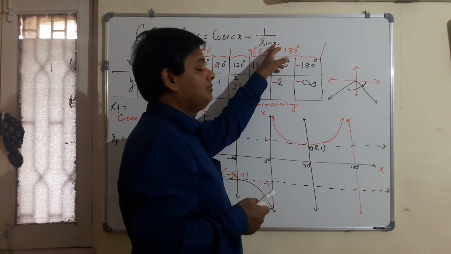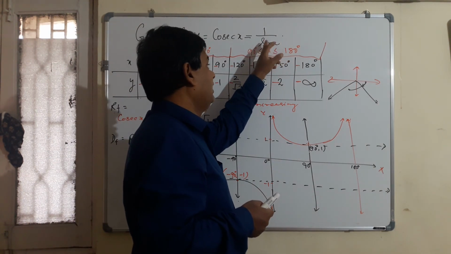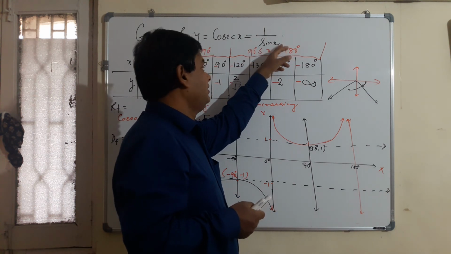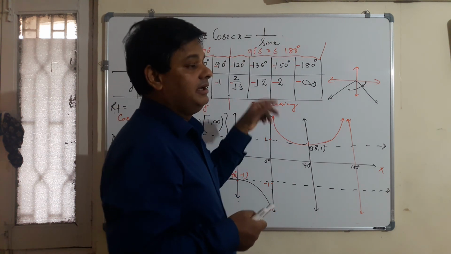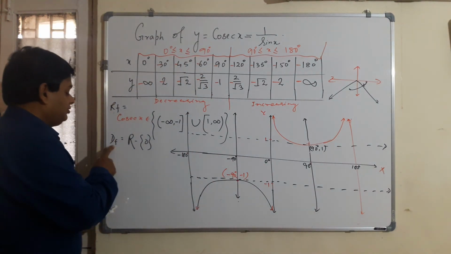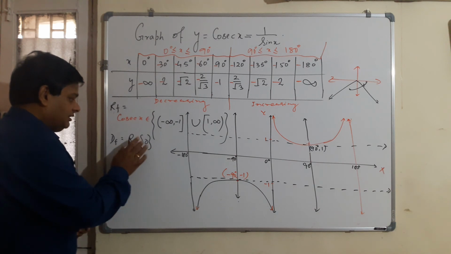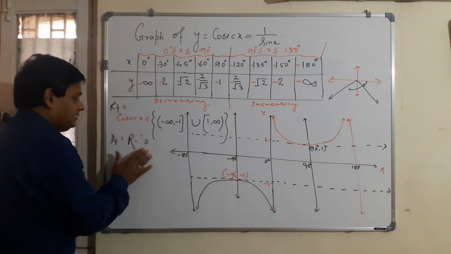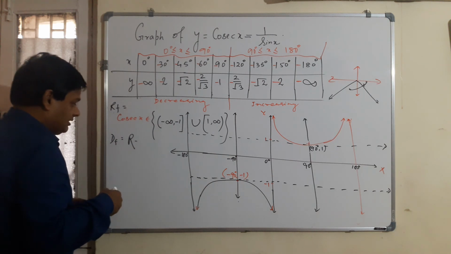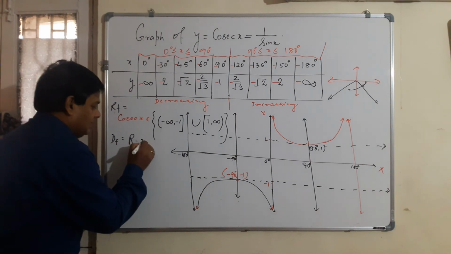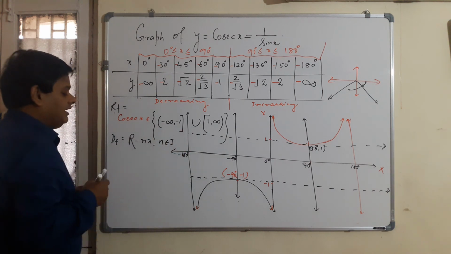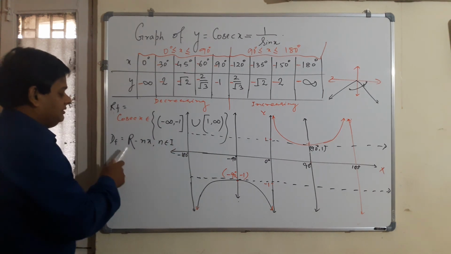Similarly, x equal to pi. Sine pi is 0, so 1 by 0 is not defined. Similarly 3 pi, 2 pi, minus pi. So we can write like this: the domain is the set of all real numbers minus n pi, where n belongs to the integers.